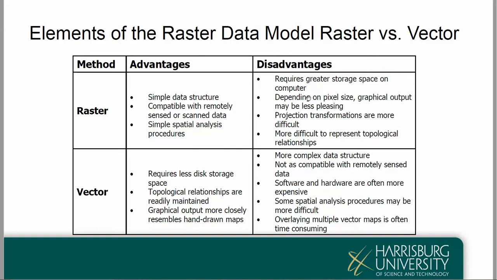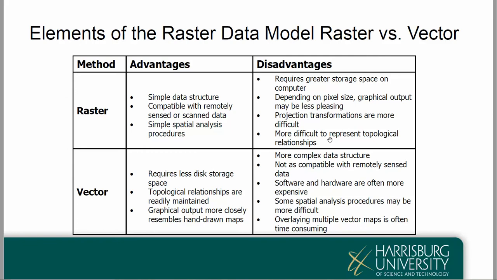Now, of course, raster data does take a lot more storage space on the computer. The resolution is a function of that. Trying to take it from one projection to another is more difficult because you don't have finite locations. You have these grid squares that you have to distort when you run projections. And it is difficult to represent topological relationships, like area definition and connectivity, because sometimes the raster cells don't always stay continuous.